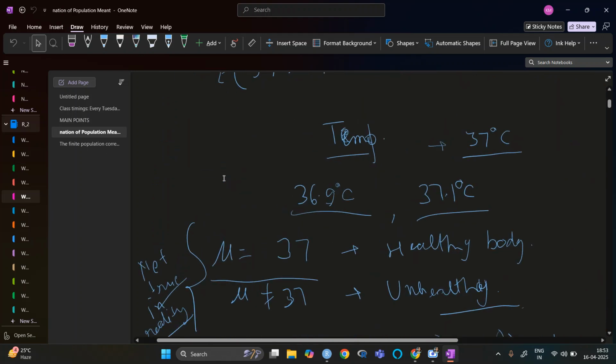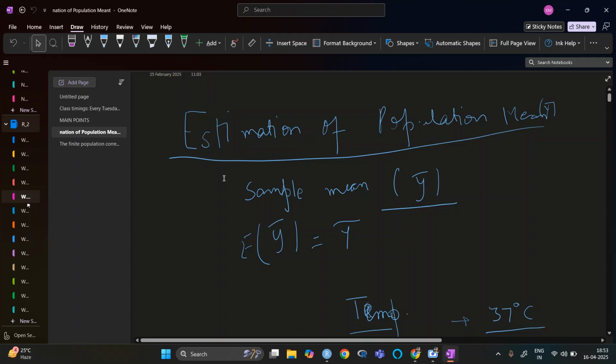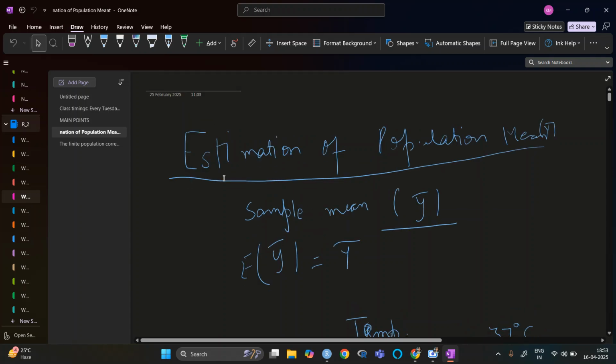Here you can see that when you have the population mean, you have exactly one value, right? So if I'm saying that I will reach a place within, let's say, 7:10, I can reach by 7:09 or 7:11.